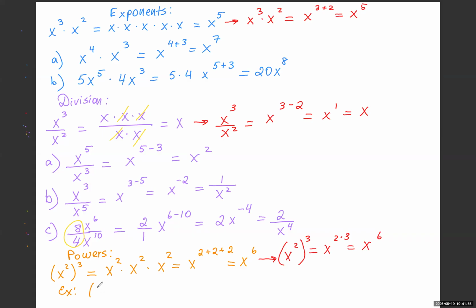So let's do 5x to the 4th power and then squared. That would be 5 squared times x to the 4 times 2, which is 5 squared is 25, and then x to the 8th power. This concludes a very brief overview of exponents.